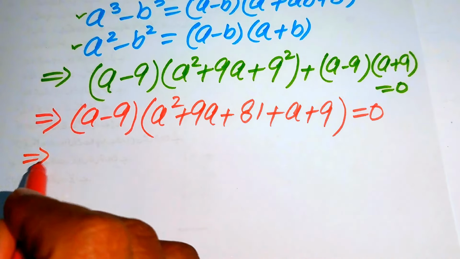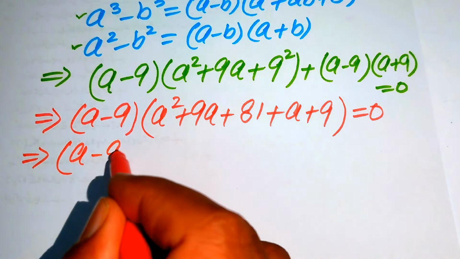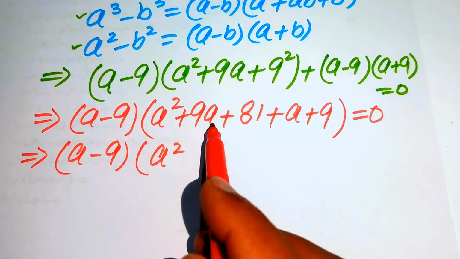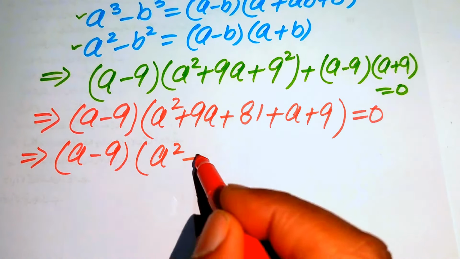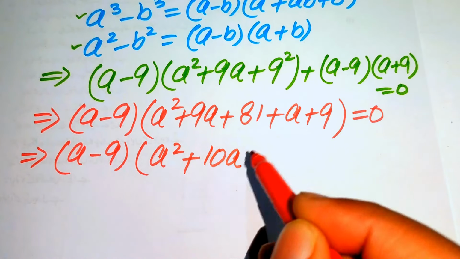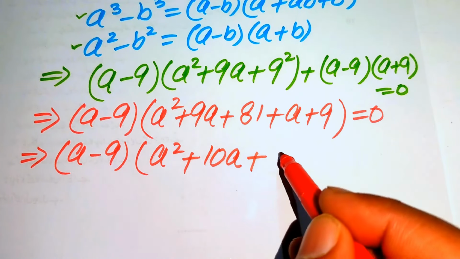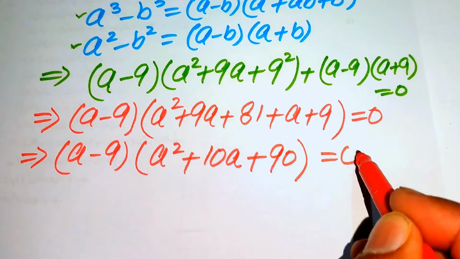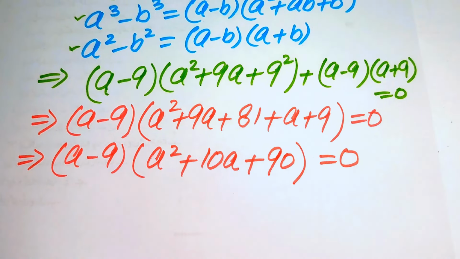Now we simplify the terms, and we have a minus 9 times a squared plus, 9a plus a becomes 10a, and 81 plus 9 equals 90, and this whole equals 0.